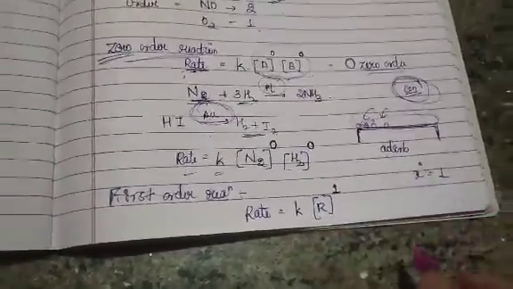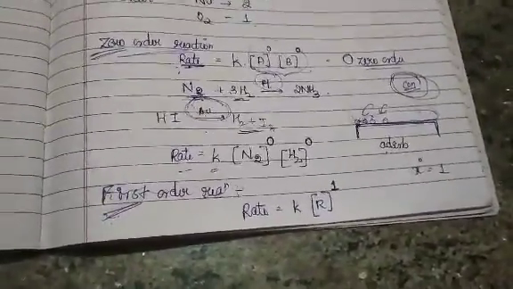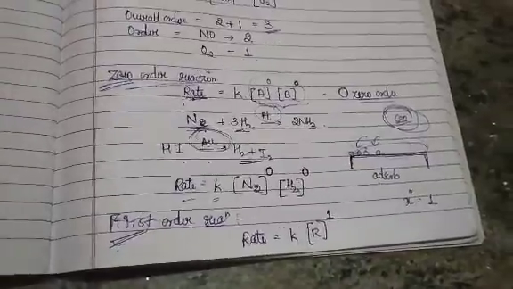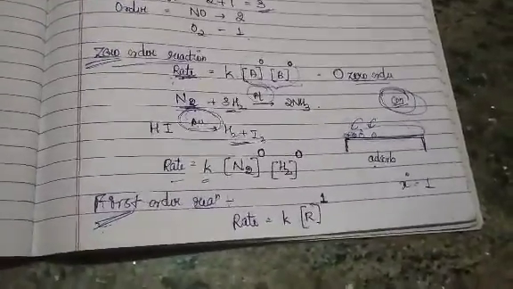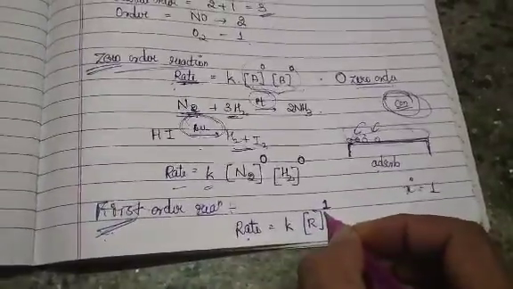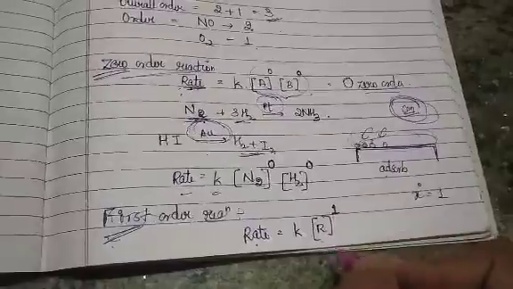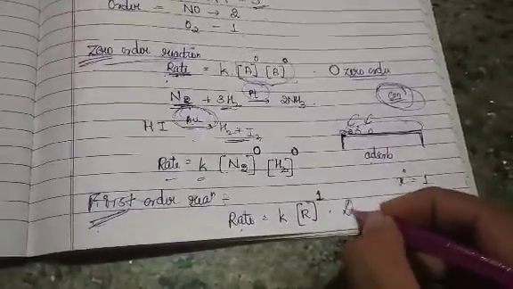This is called a first order reaction. You have to keep this in your mind, guys. First order reaction means the rate of a reaction is proportional to the first power of the molar concentration of the reactants.